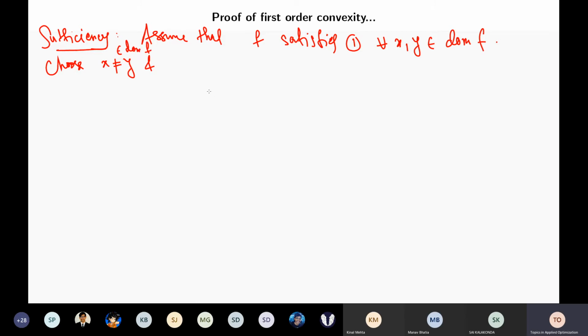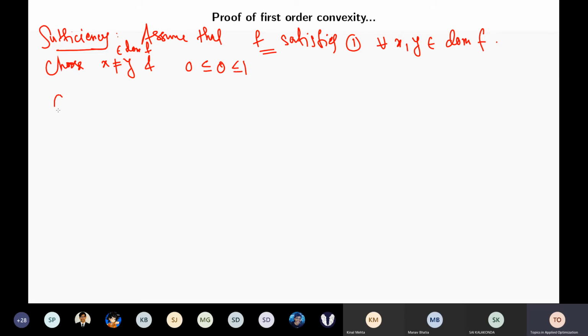Okay, so choose that, and we choose theta between 0 and 1. Remember, what we want to prove is that f is convex, right?